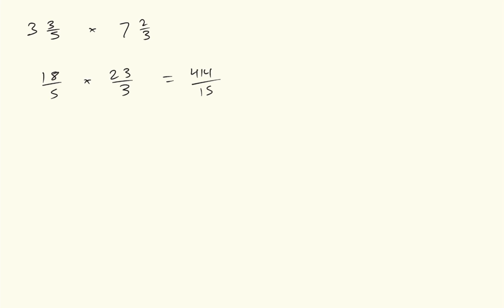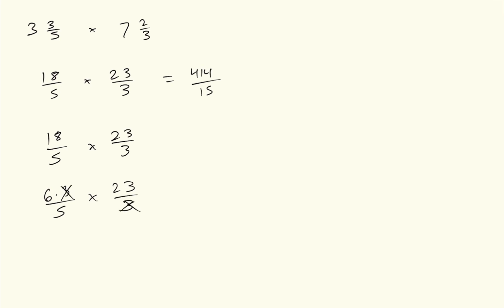And it may be kind of tricky to do it like this. I guess you could, but if you wanted to simplify it from the start, a different way to do it would have been 18 over 5 times 23 over 3. But then you'll recognize that 18 over 5 is the same thing as 6 times 3 over 5 times 23 over 3.